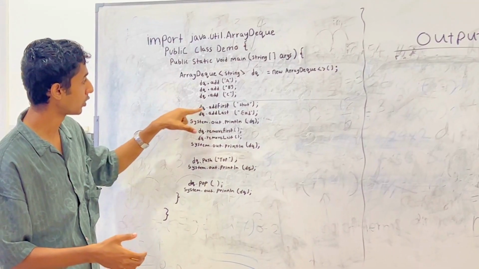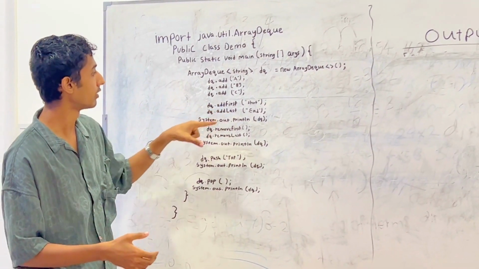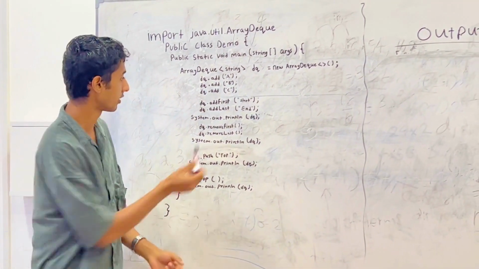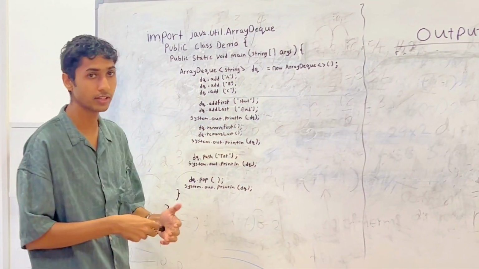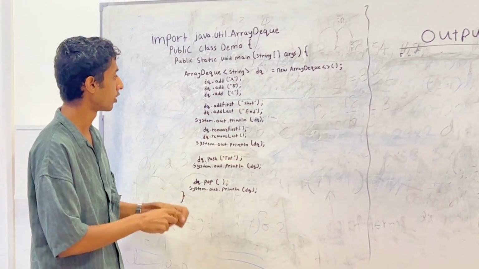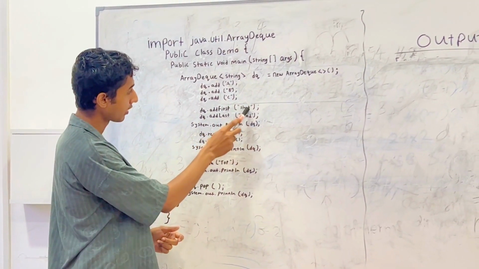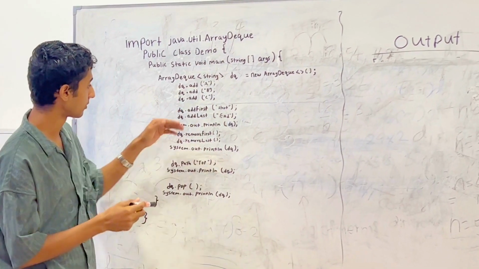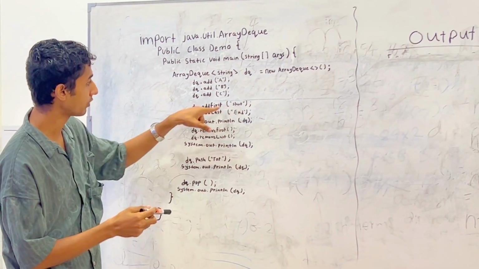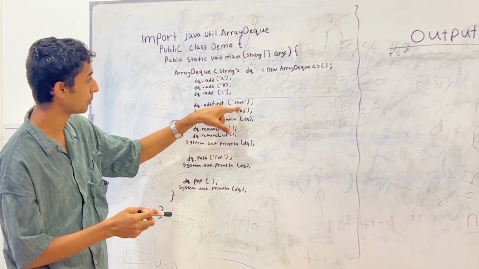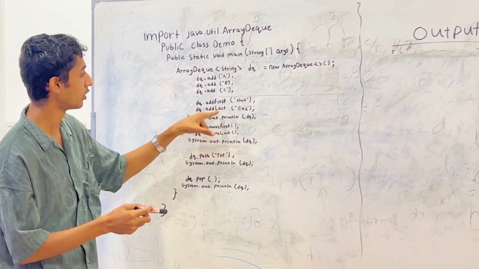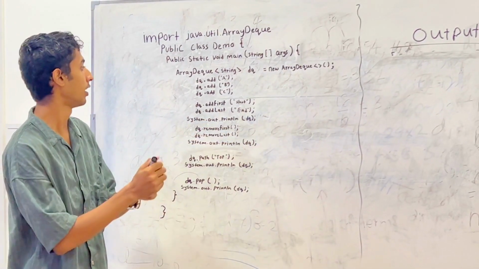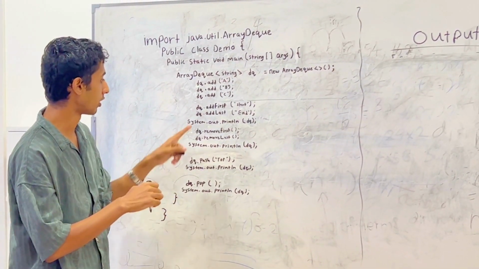Then there are dq.addFirst and dq.addLast. From the words themselves, addFirst and addLast show that it's deque behavior. So dq.addFirst("start") and dq.addLast("end"): with addFirst we add the start element at the front, and with dq.addLast we add the end element at the last.